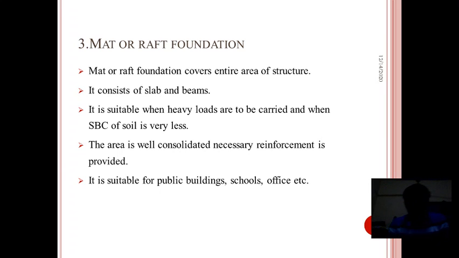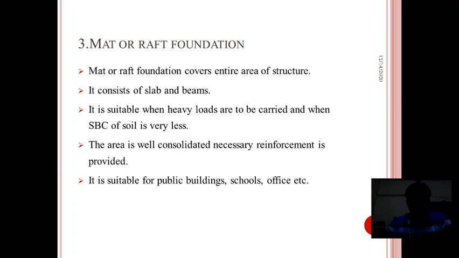Mat or raft foundation. The name itself indicates mat, by increasing the area and reducing the thickness of the foundation or footing, so these types of foundations can be laid. Here we will lay the foundation over a large area.